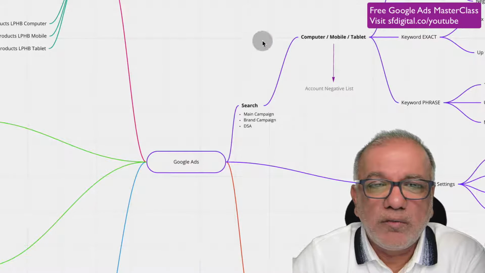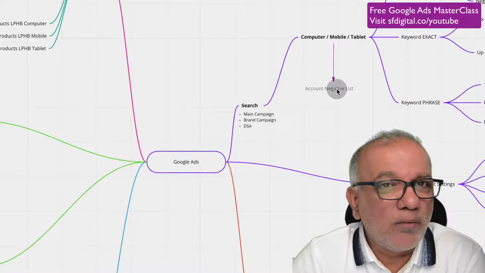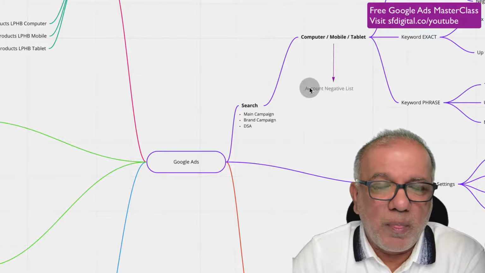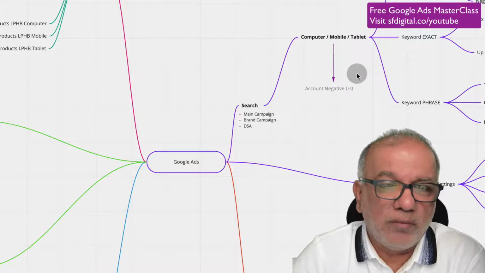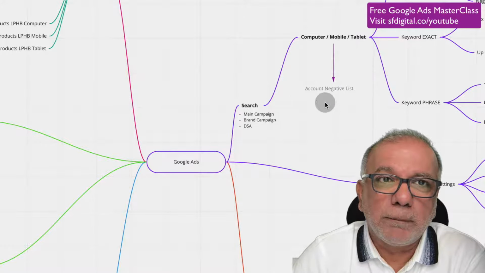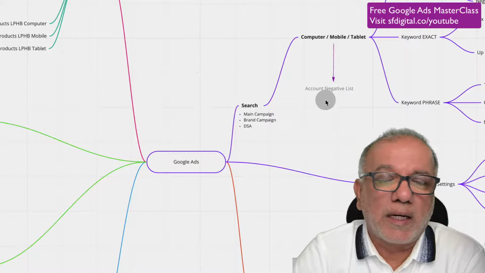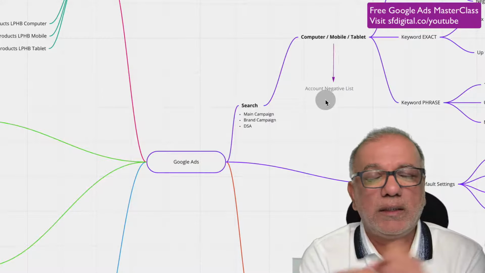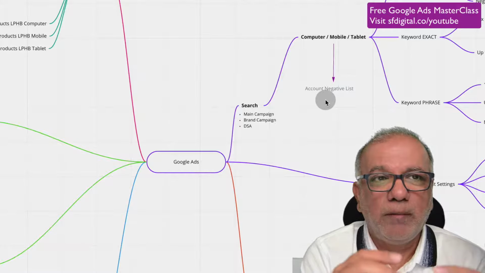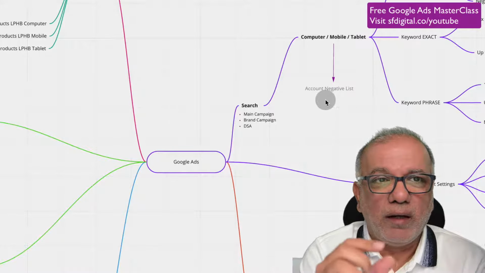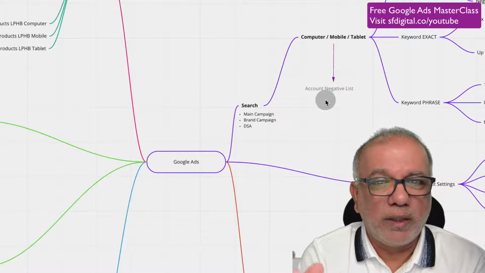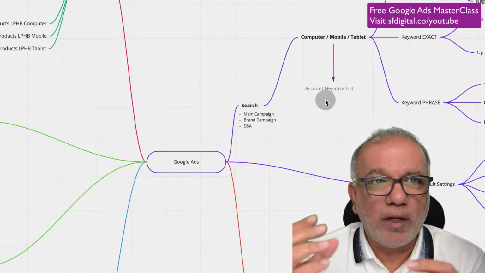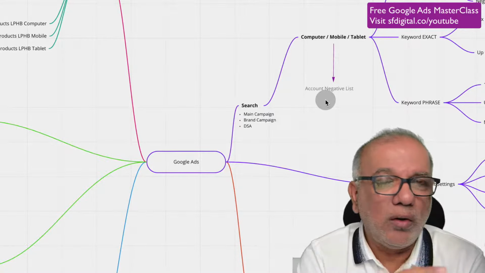Now each of these campaigns are then applied to an account level negative list. When we audit accounts, we hardly ever see any accounts with an account level negative list. What this list does is you keep saving the negative keywords which you don't want your ads to show for into an account level negative list, and you apply that list to all your campaigns.